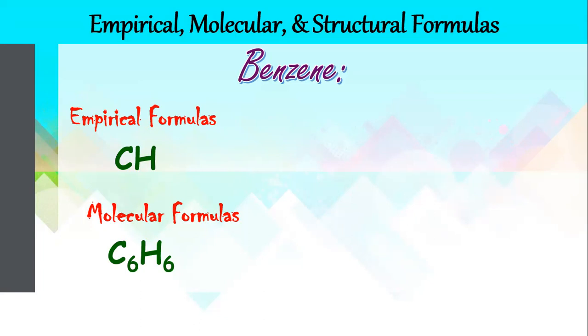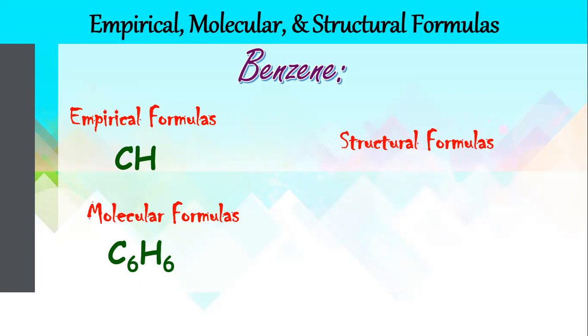That may not satisfy you, and you might say, well, okay, but how are these six carbons and six hydrogens actually structured? And for that, you would want to go to a structural formula, which will give you, or start to give you, the structure of a benzene molecule.